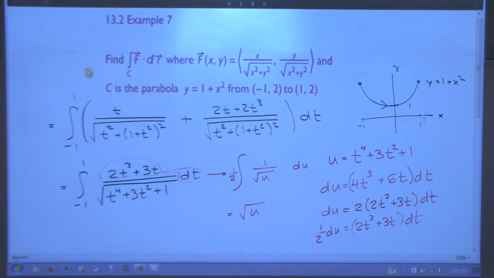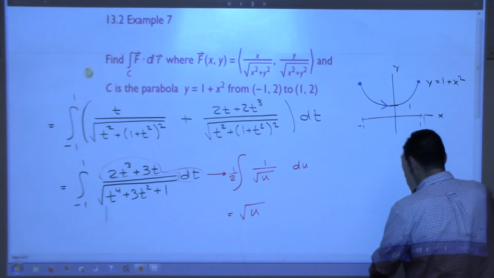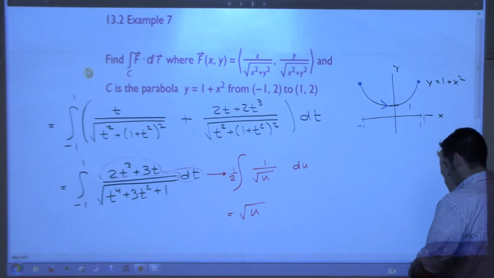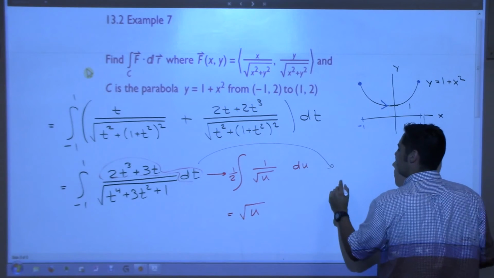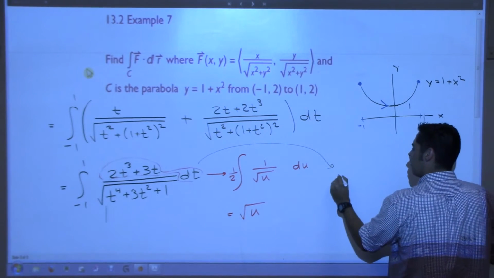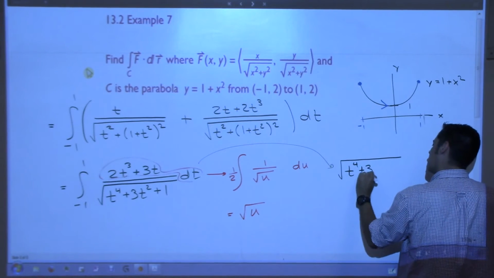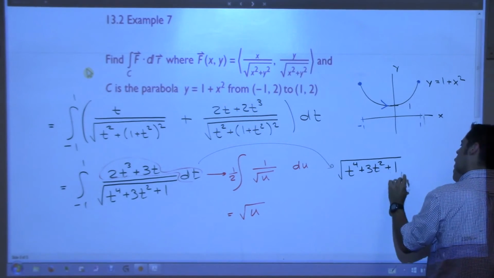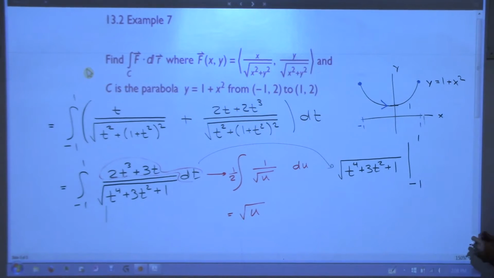And now I'm going to switch back to the variable that I was working with, which was t. So I know that this becomes square root of t to the 4th plus 3t squared plus 1, evaluated from -1 to 1, like that.